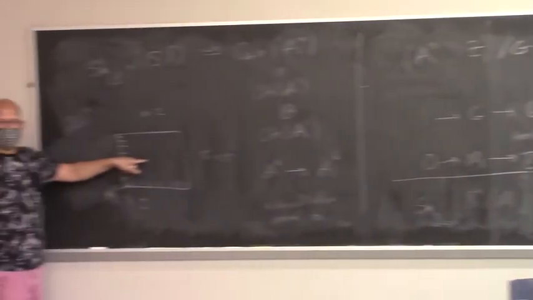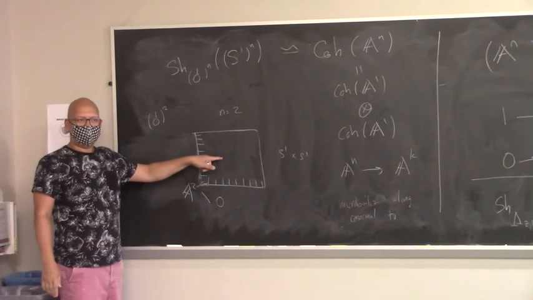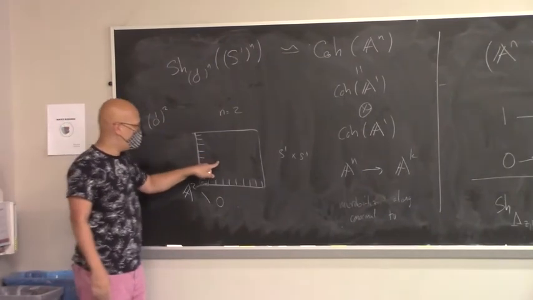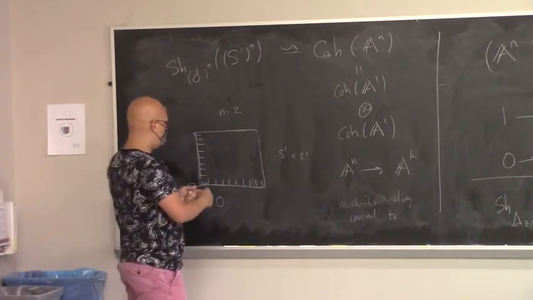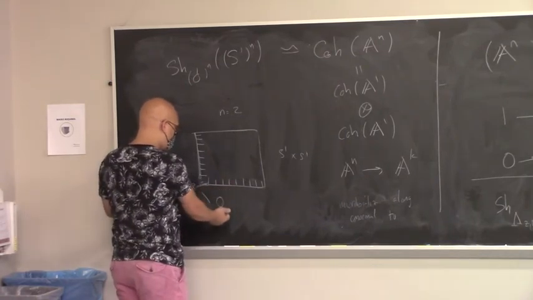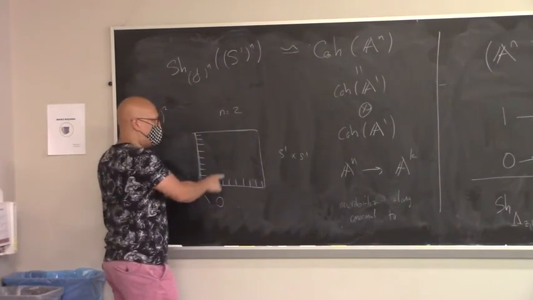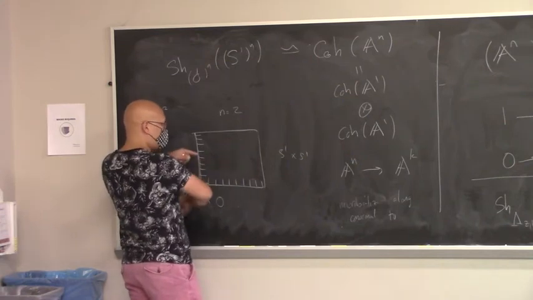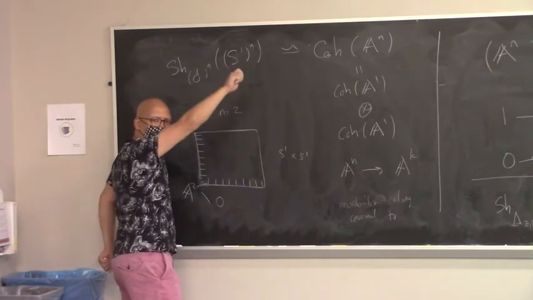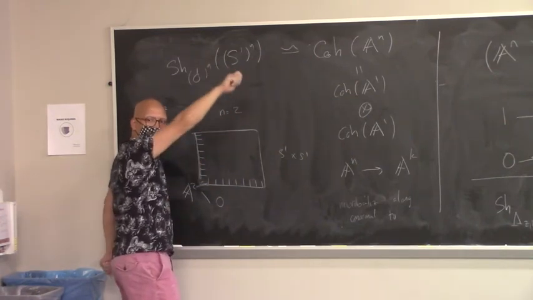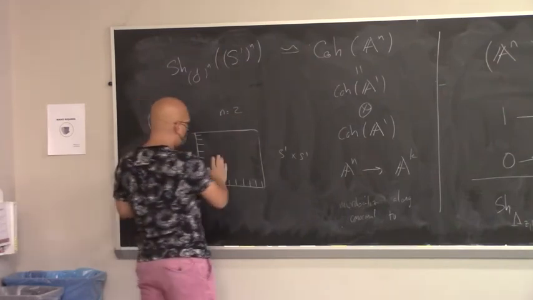So let me go over here to this example and say what just happened. Okay, so what happened here is when I take the quotient by C star, that corresponds to unrolling this torus in one of the directions, kind of like in a diagonal direction. And so what does that look like now?